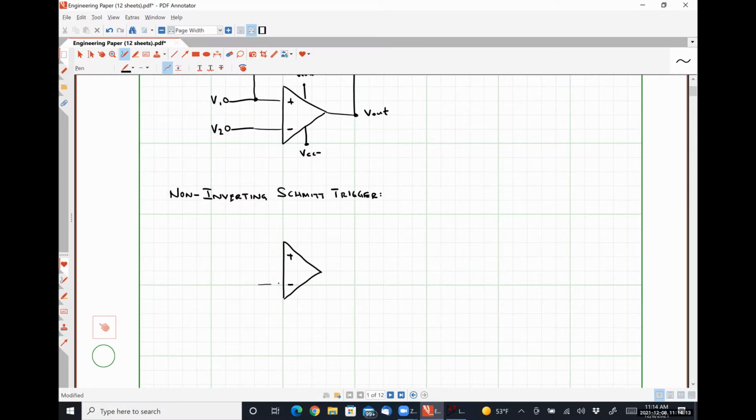So for the non-inverting Schmitt trigger circuit, we apply our reference voltage to our inverting input terminal. And then we tie our non-inverting input terminal to our output terminal with a resistor, which I am just going to call R2.